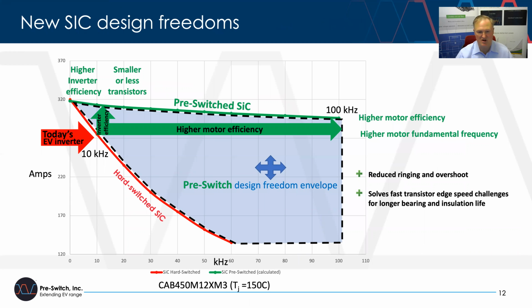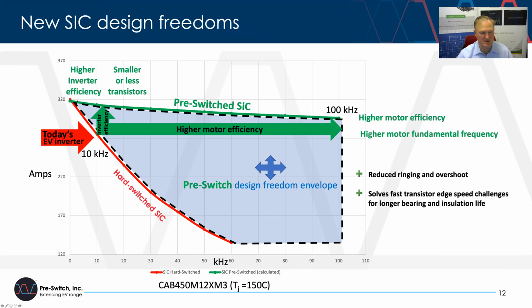By eliminating the switching losses, we have established whole new design freedoms that engineers can now take advantage of. If you look on this chart, you see the current through the silicon carbide falls as the switching frequency increases. We all know that's the case.